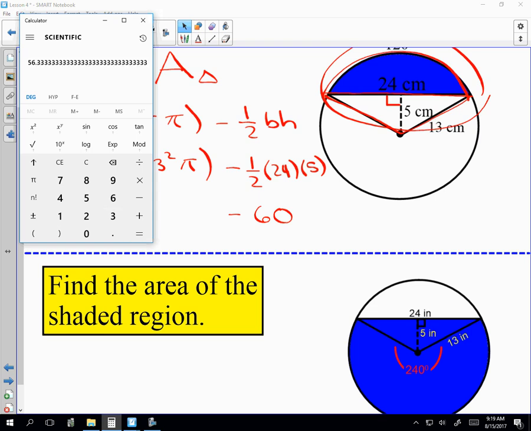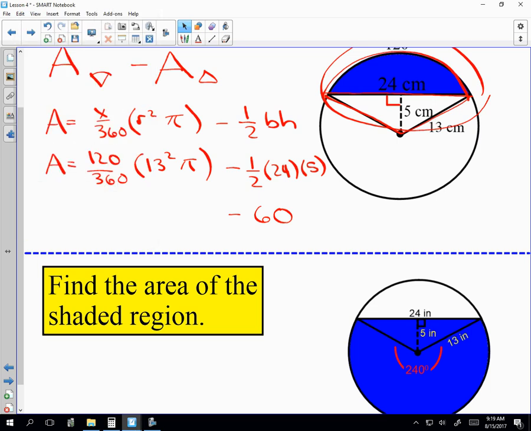So what we can do is check and see. It's not a perfect value. So what this tells us is, we want our answers to be as exact as possible, so we can't have a decimal that continues on. So we have to leave the 13 squared, or 169, over the 1/3 that comes from the 120 divided by 360.